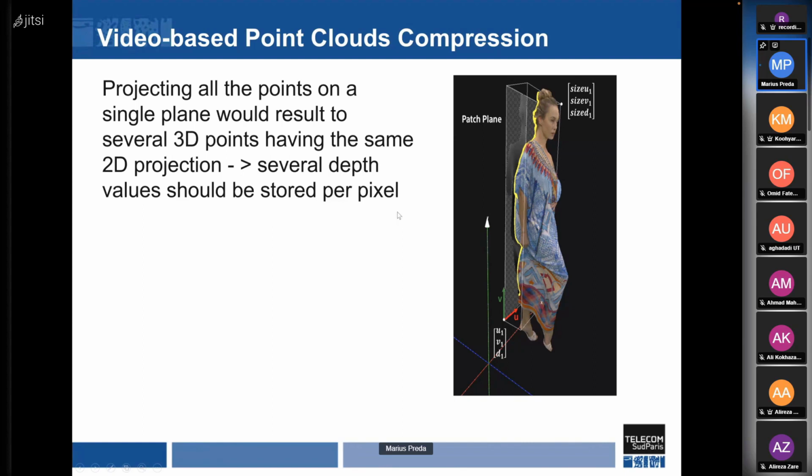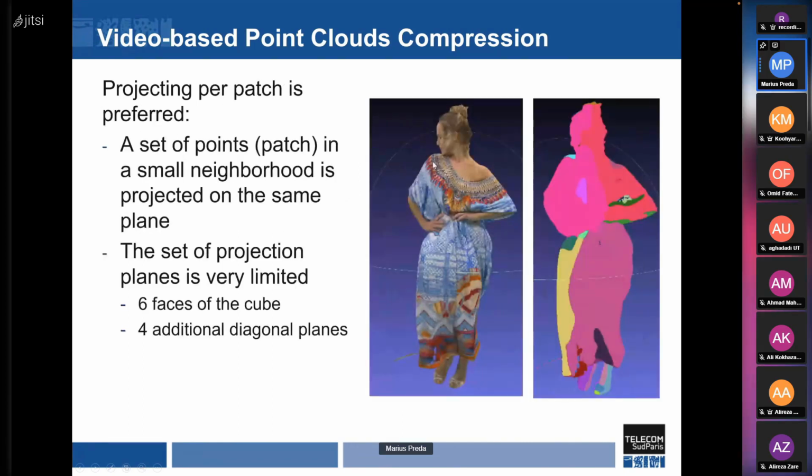And then we have to store different colors and different depths. To avoid this situation, instead of projecting the entire object, we cut the object into what are called patches, and each patch is projected on one of the planes of a cube. To give even more adaptability, we add 4 additional diagonal planes.